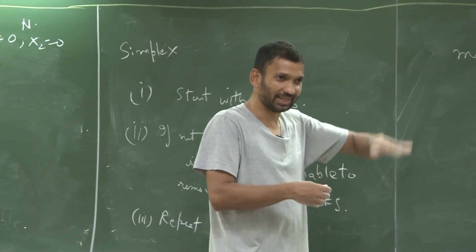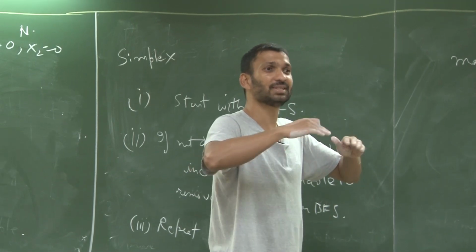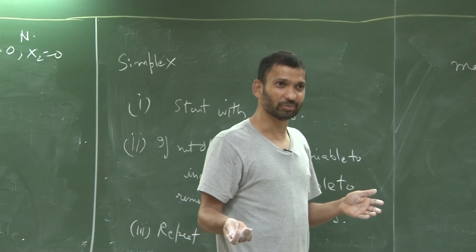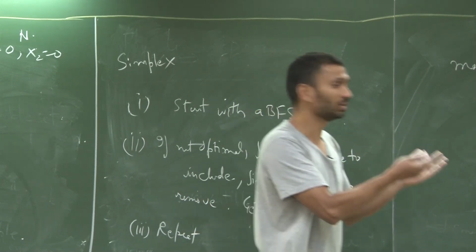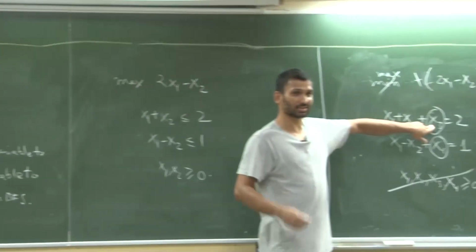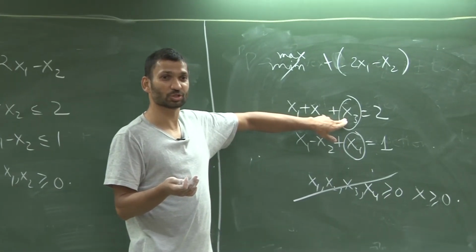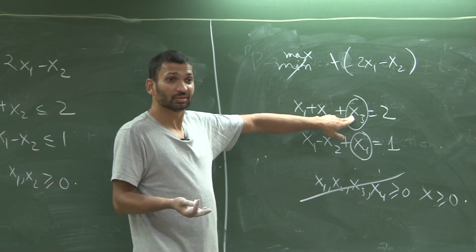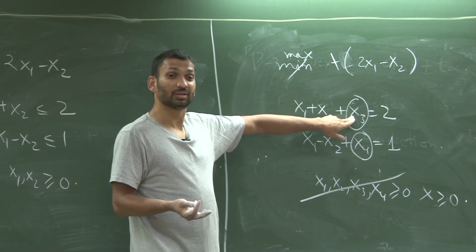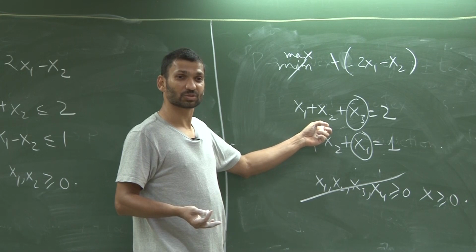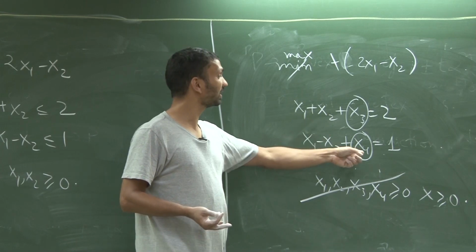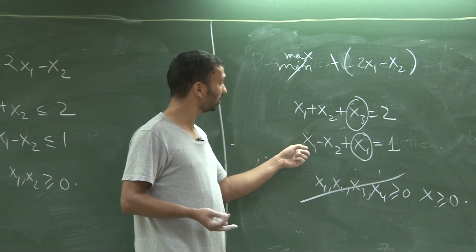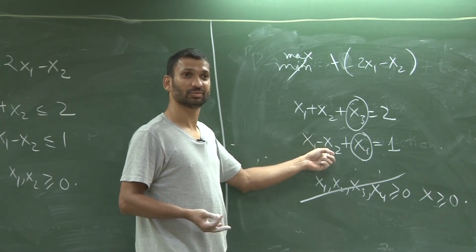We had leading variables, free variables. And since every leading variable can be written in terms of free variables, we just removed it. It's the same thing. That intuition is now going to help us with solutions of Ax equal to b. I can write x3 as 2 minus x1 minus x2. I can write x4 as 1 minus x1 plus x2.